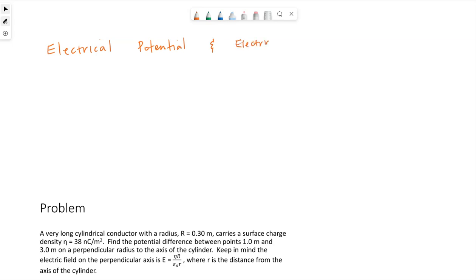So we already know electric fields are created by charges, and they've been defined to point away from positive charges and towards negative charges. If we were to draw an electric field of a point charge, it would be extending radially outwards from the charge, since I've chosen to draw a positive charge.